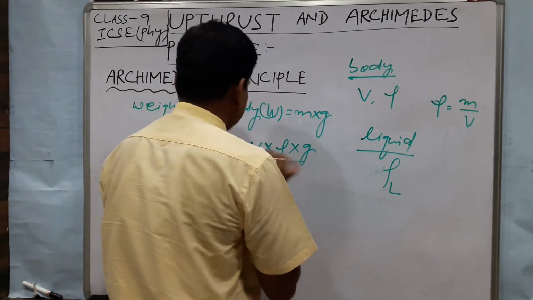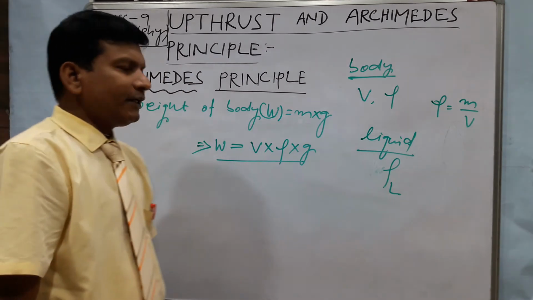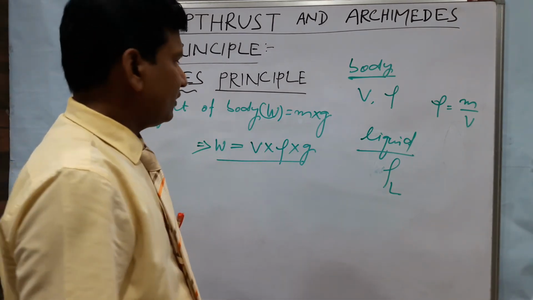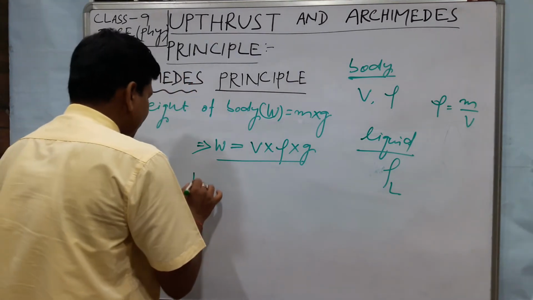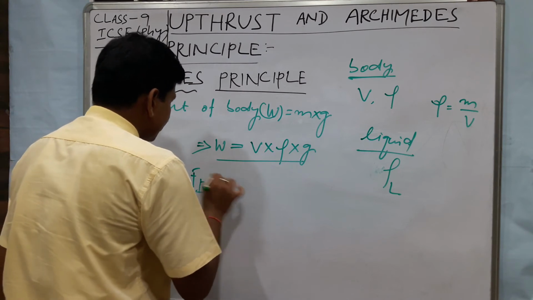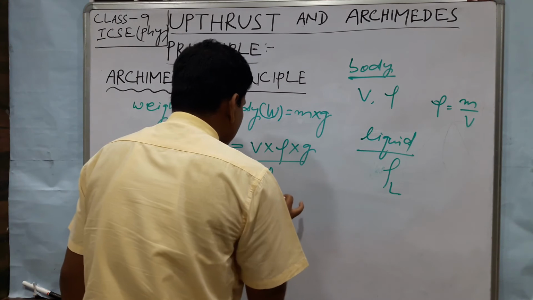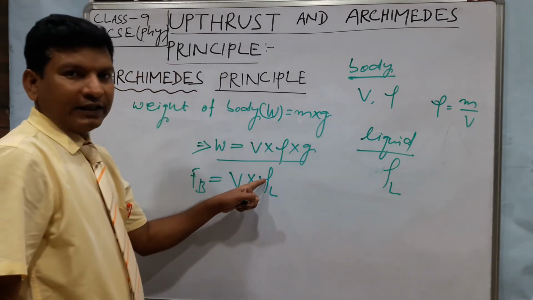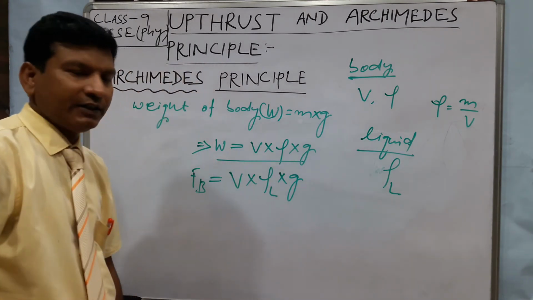So this will become the weight of the body. Now let us find the upthrust on the body by the liquid. So the upthrust is Fb equals, that I told you, V into rho L, that is the density of the liquid, into g, acceleration due to gravity.